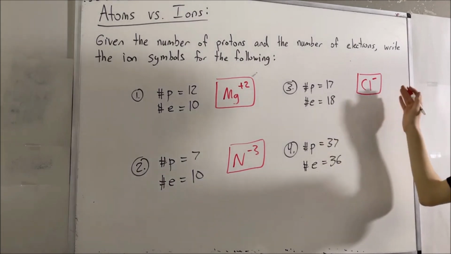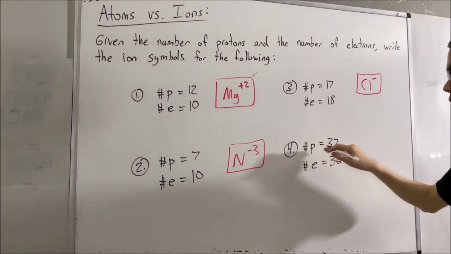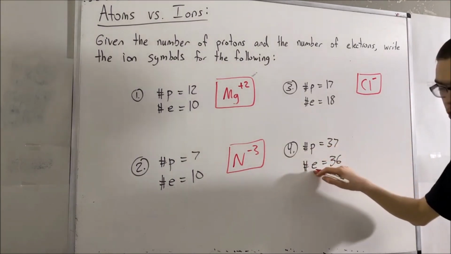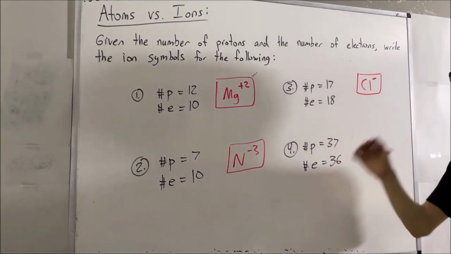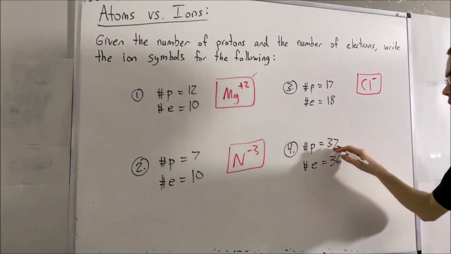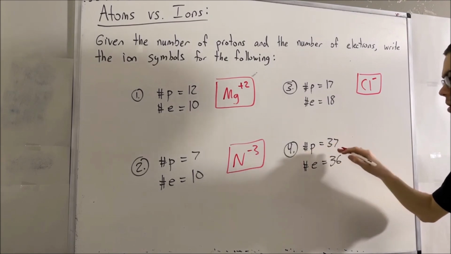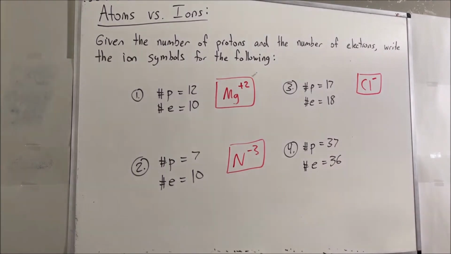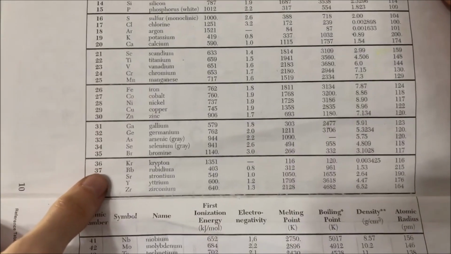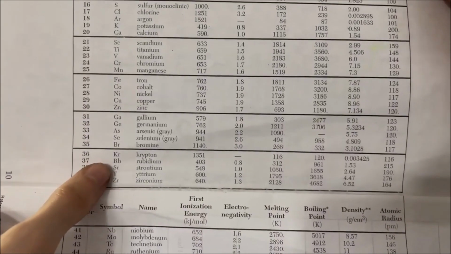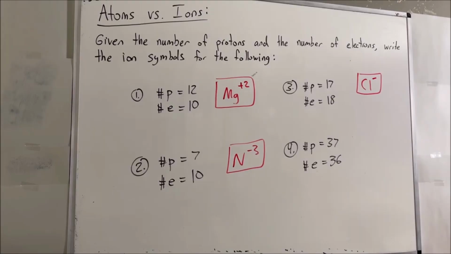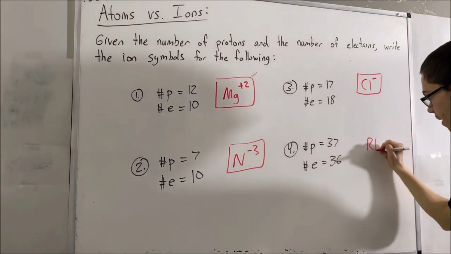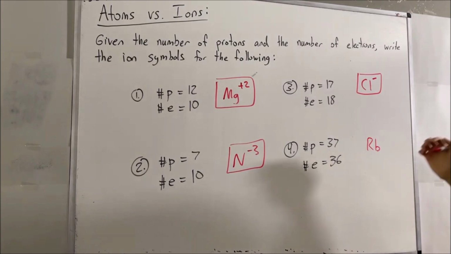Next, moving on to question 4, we're given 37 protons and 36 electrons. Let's first get the element symbol. Because we have 37 protons, we have an atomic number of 37. So let's look on table S for which element has an atomic number of 37. Going to table S, we see right here an atomic number of 37. The element symbol is Rb. So our element symbol is Rb, and now all we need is the charge.